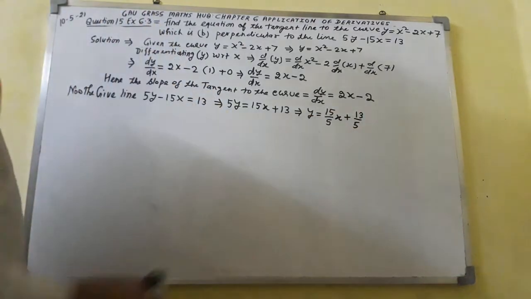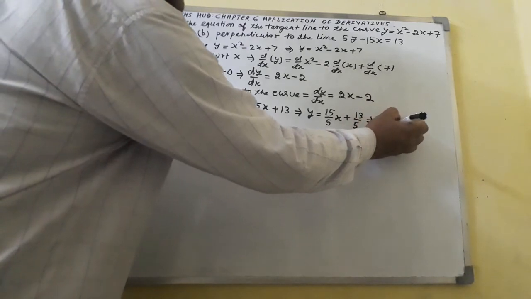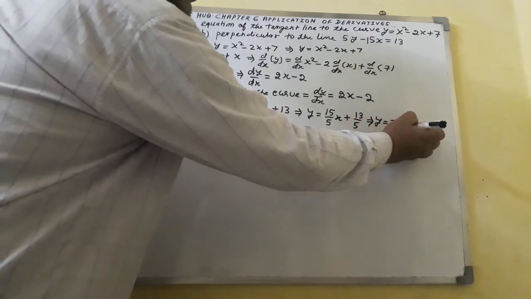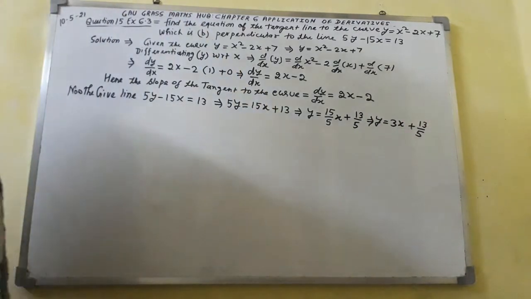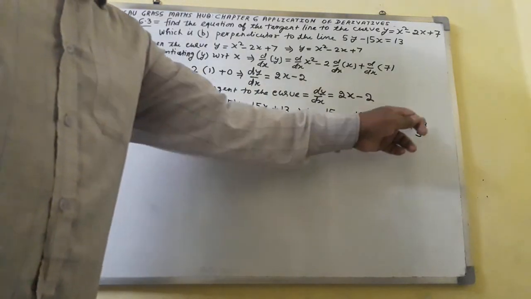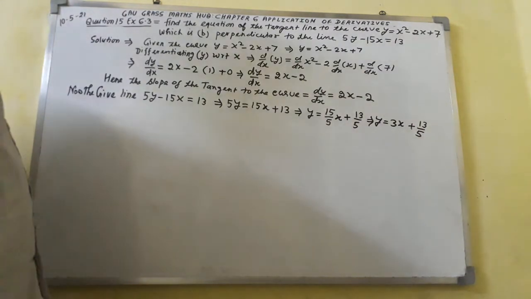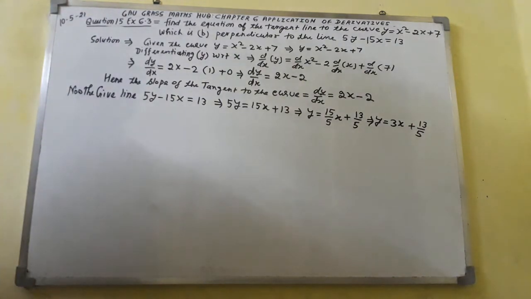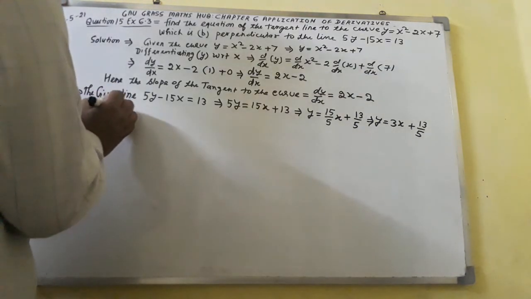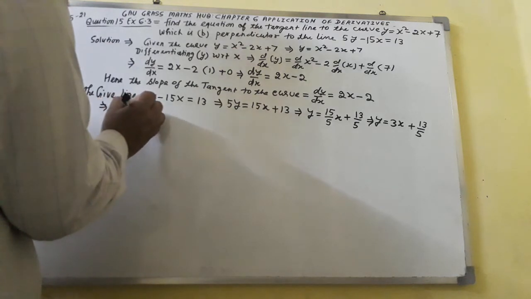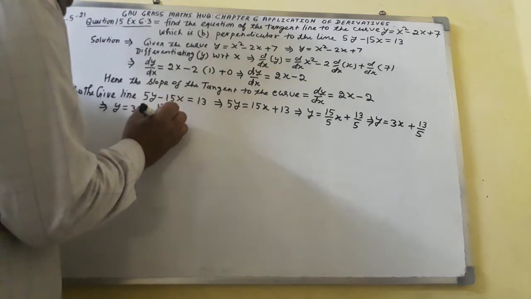So here we will get y equal to 3x plus 13 over 5. This thing we have got: y equal to 3x plus 13 over 5.